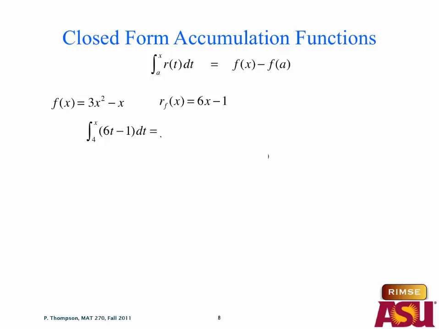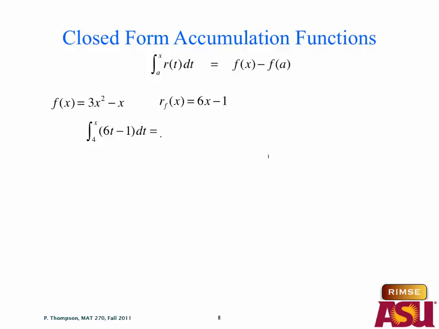now that we have this principle that we talked about here, before we didn't, but now we know we could write this as a closed form, instead of writing it in open form like that, knowing that 3x squared minus x was the accumulation function for this rate of change function, 6x minus 1.